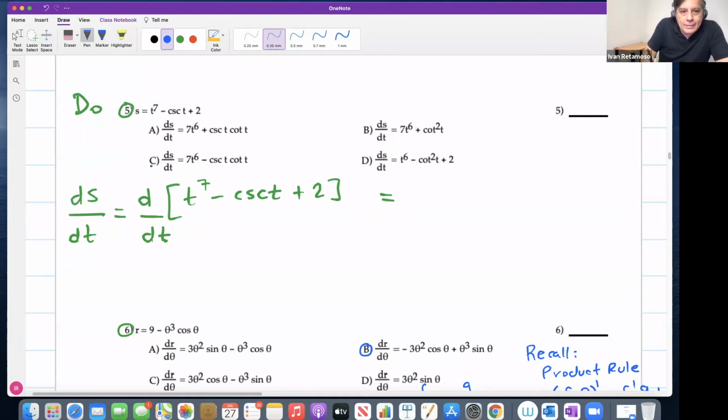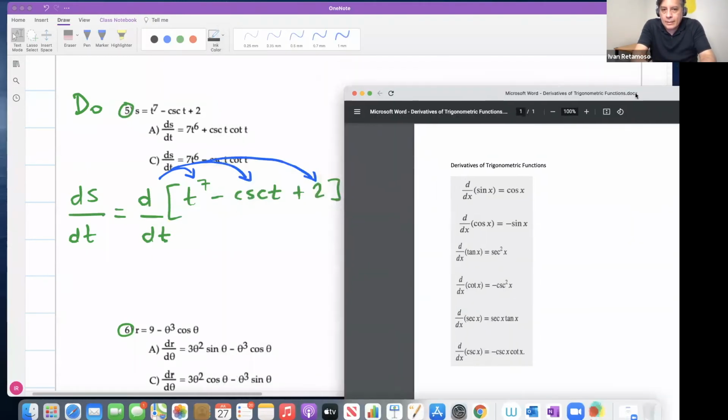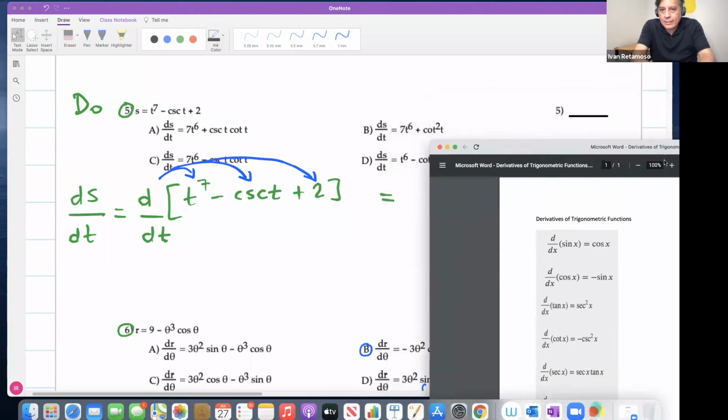Hint, distribute your derivative over this difference and this sum, right? And figure it out. And then the derivative of cosecant is negative cosecant times cotangent, right? Negative, so you gotta use this. Try to figure this out, yeah.